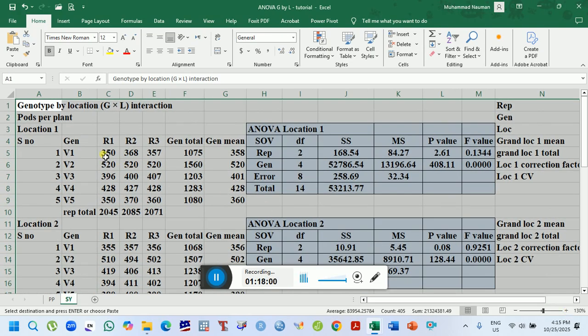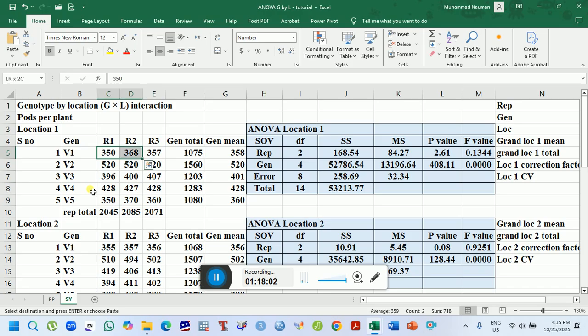Okay, now remove the rep 1, rep 2, rep 3 data, which will be replaced in this sheet.